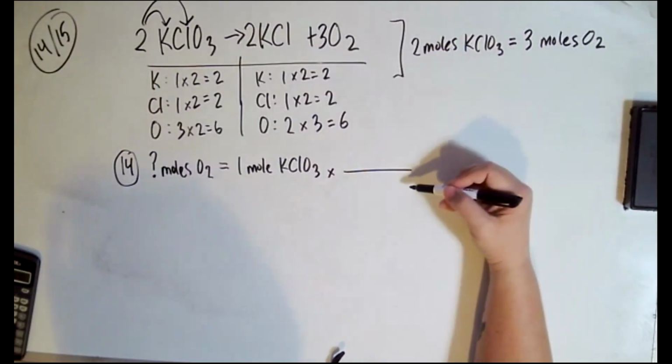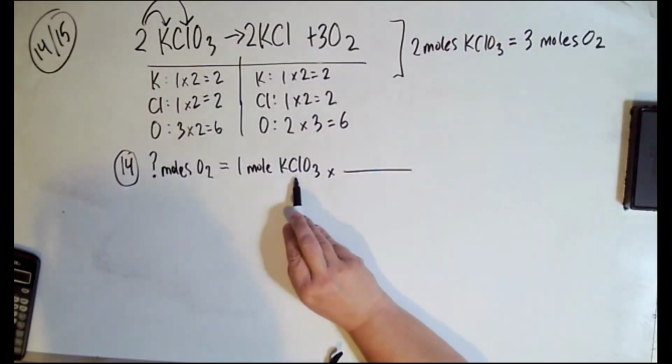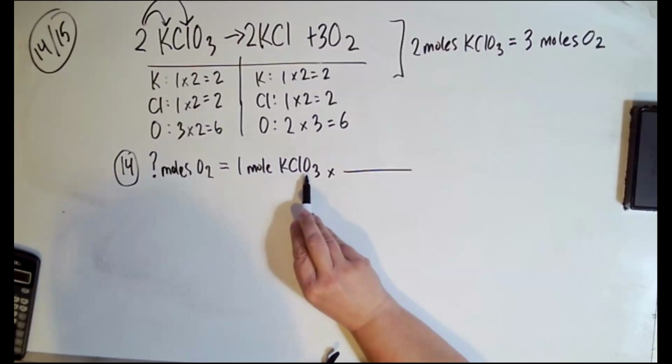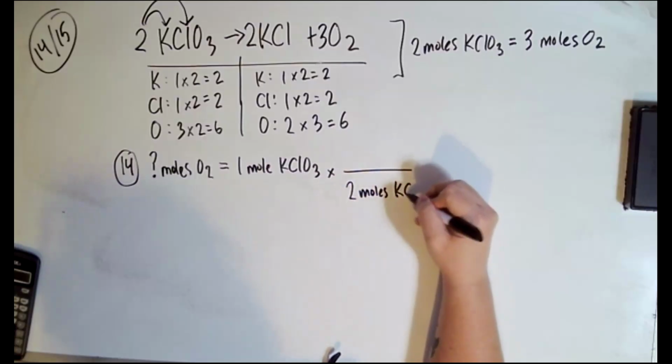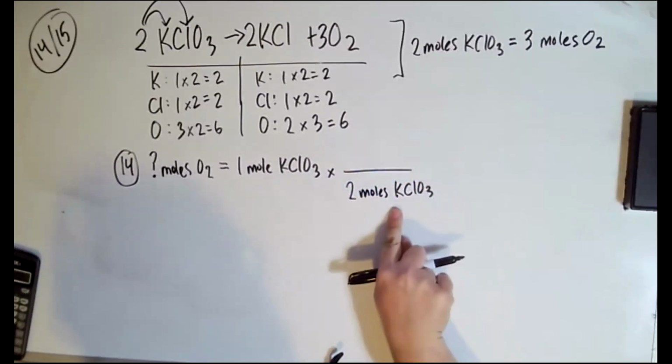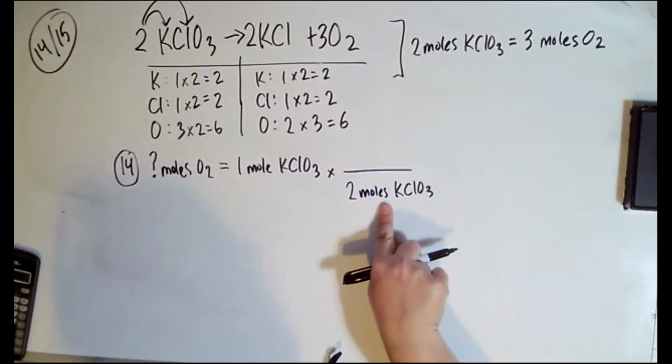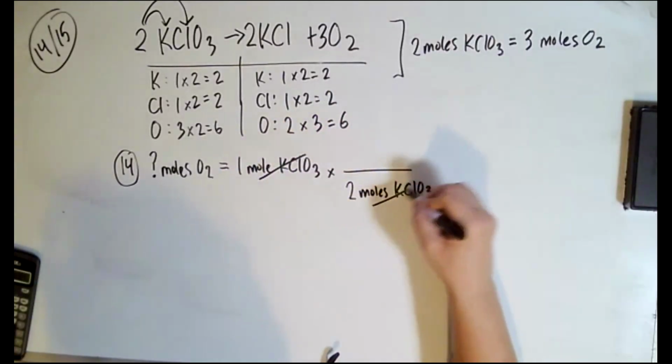With that equality, we can answer this question now, because if we have 1 mole of KClO3, we know that every 2 moles of KClO3, we put the KClO3 in the bottom because we want matching units on opposite sides of the fraction bar so that they cancel out.